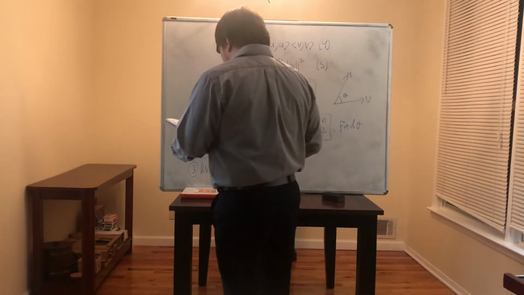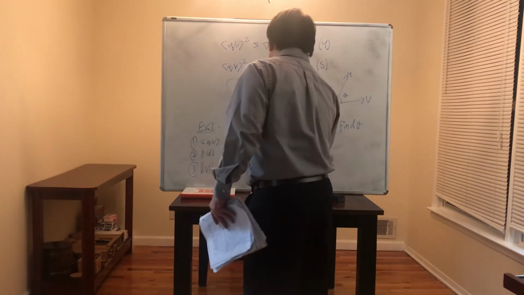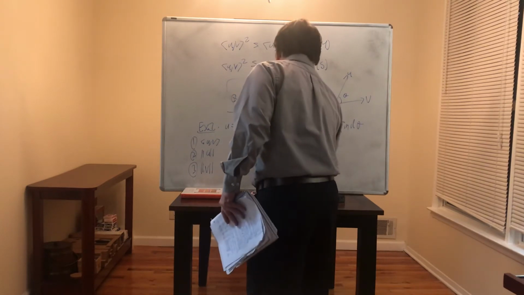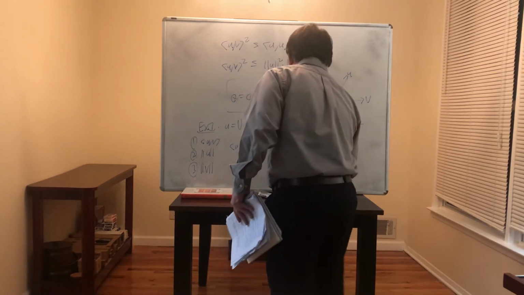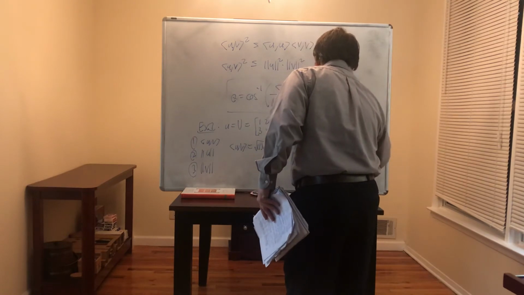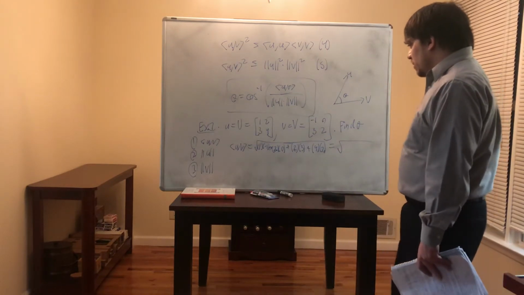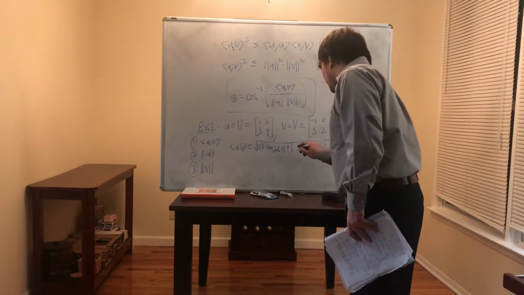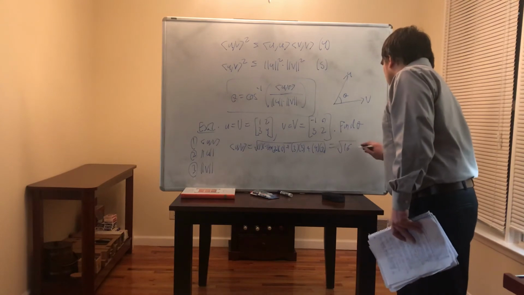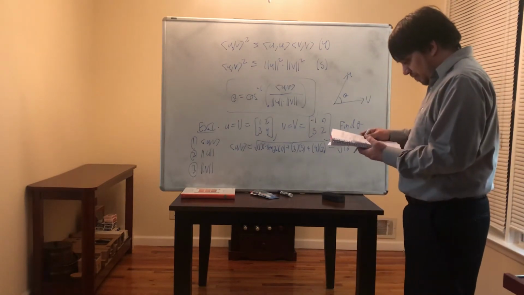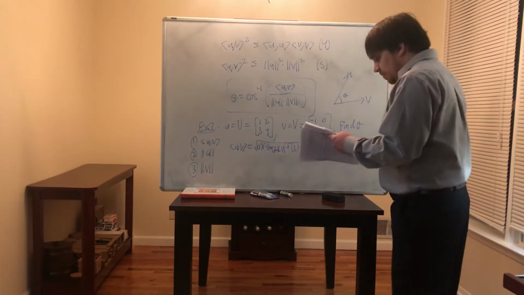Okay, so when you find the inner product between u and v, that's 1 times negative 1, plus 2 times 0, plus 3 times 3, plus 4 times 2. So negative 1, 8, 16.